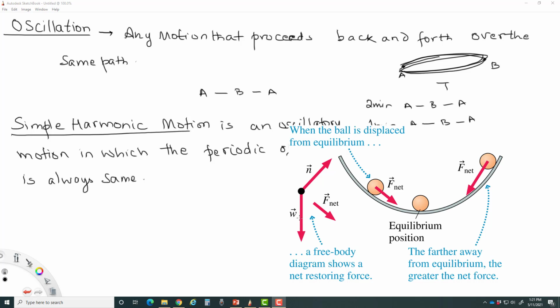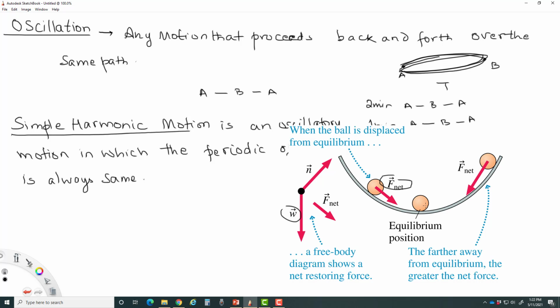A component of this weight will provide the net force, which is directed towards the equilibrium. Again, this net force comes from the weight and acts as a restoring force that restores it back to the equilibrium position.